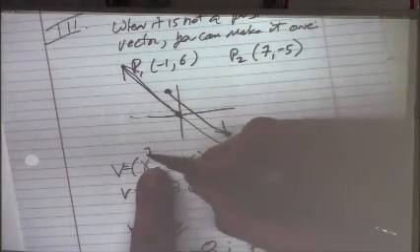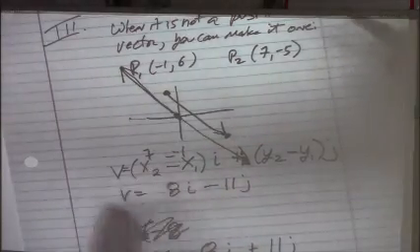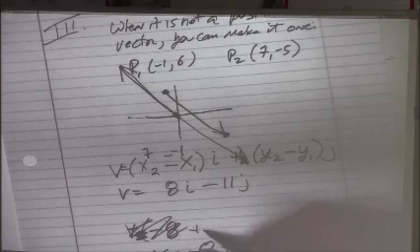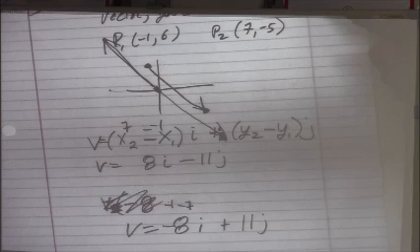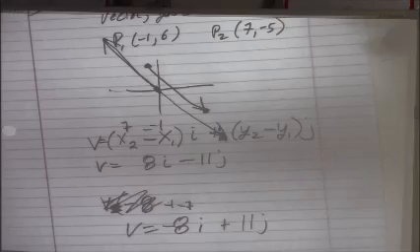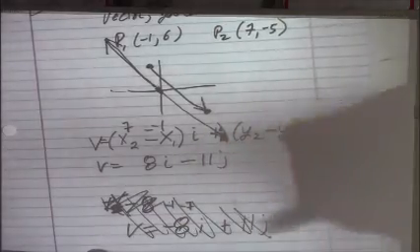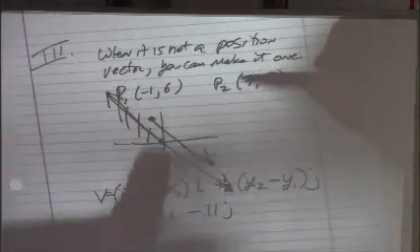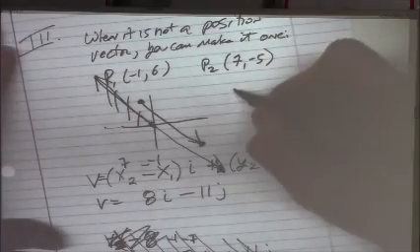In this case, I had done 7 minus the -1. In this case, I did -1 minus 7. So if we were doing slope, y equals mx plus b, we get the same answer even if we flipped them. We don't get the same answer here, so make sure you don't do that. Okay, so watch out and make sure that you follow the order. So I'll just put a note here.